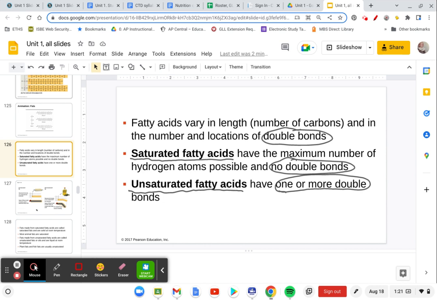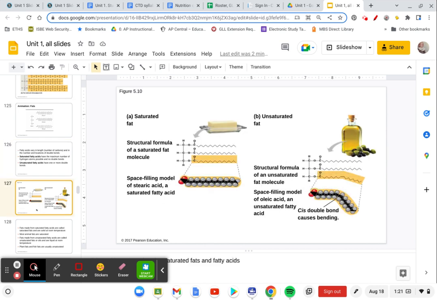Now, what I think students sometimes have an issue with is, well, double bonds are stronger than single bonds. And so sometimes students will be like, well, saturated fats I know are bad for you. They tend to stick around in your body. They don't get digested. They can lead to things like heart disease.